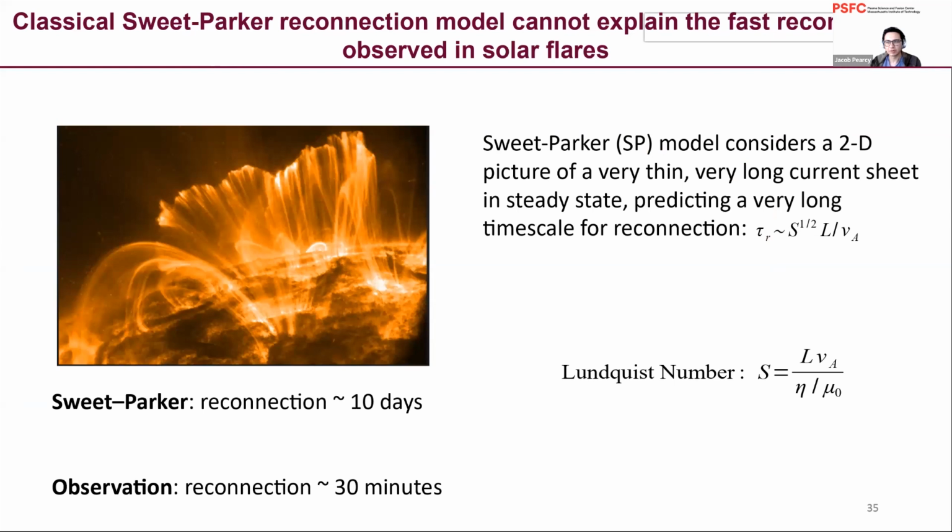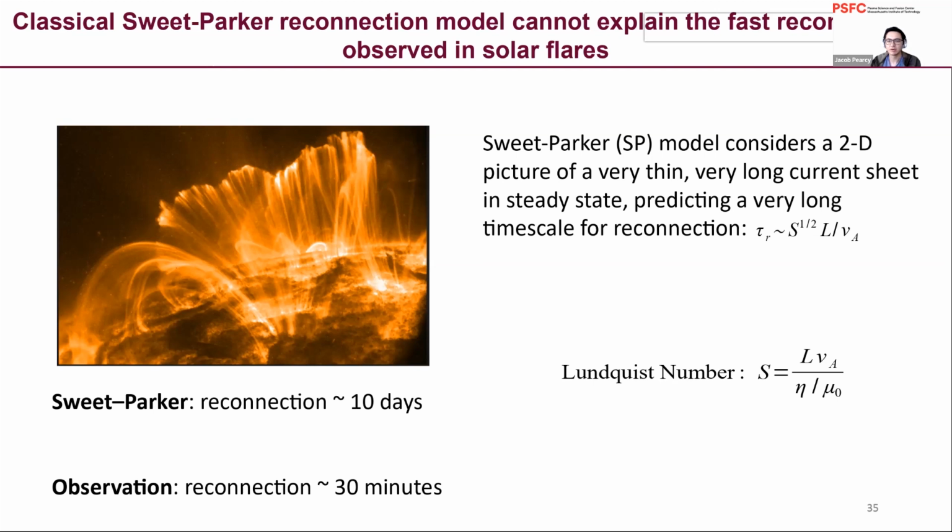So, a theoretical overview of why we might care about this. The classical Sweet-Parker reconnection model cannot explain the fast reconnections that we observe in solar flares. The Sweet-Parker model is the earliest and simplest model for magnetic reconnection. It considers a two-dimensional picture with a very long, very thin current sheet, and I'll show what that means on the next slide, which is in steady state.